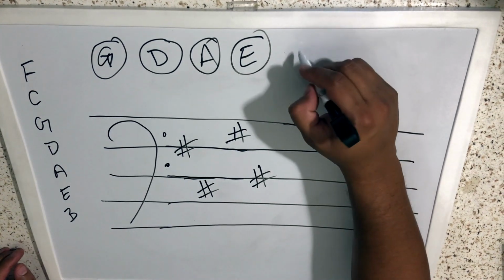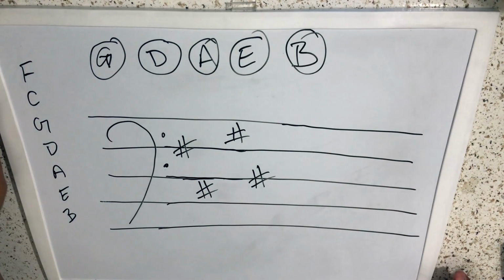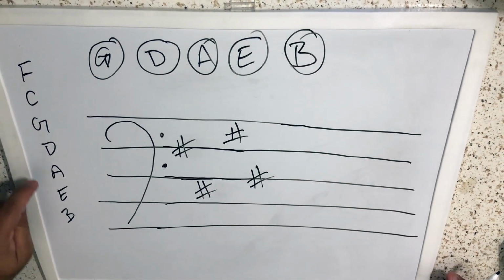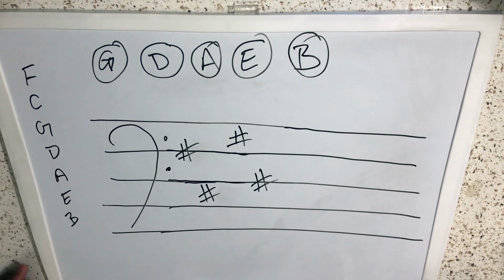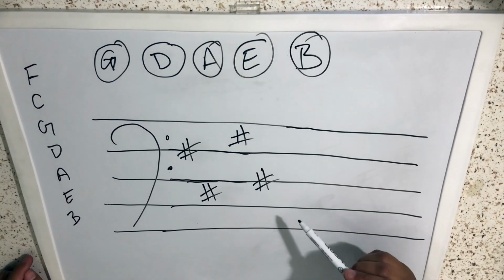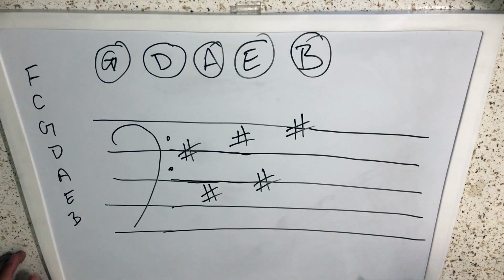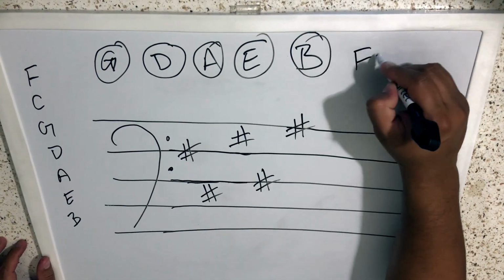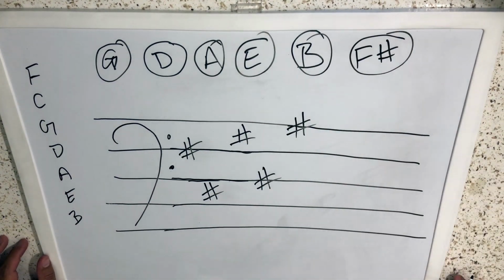The fifth of E is B. So how many sharps? 5. 1, 2, 3, 4, 5. So now we just have to find A. So we have good burritos don't fall apart. And we have F sharp, because F sharp is the fifth of B.